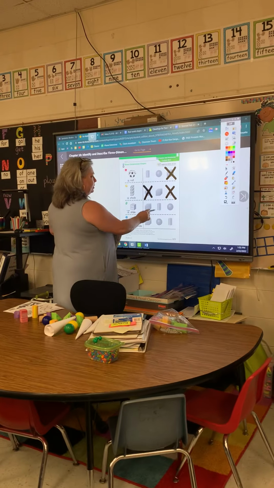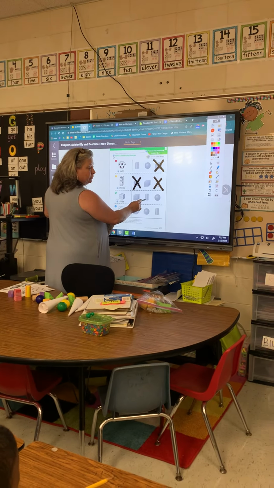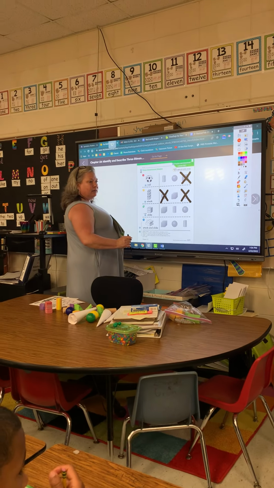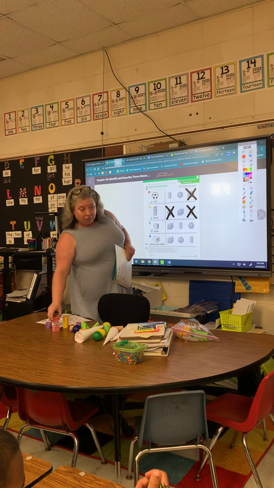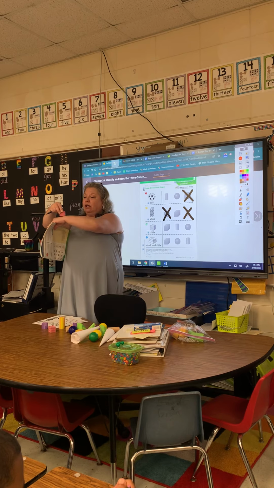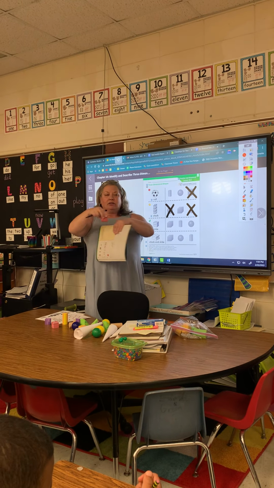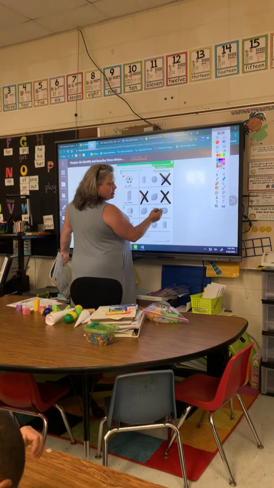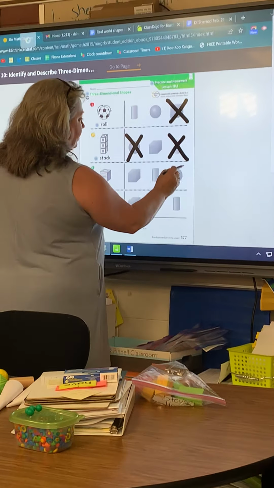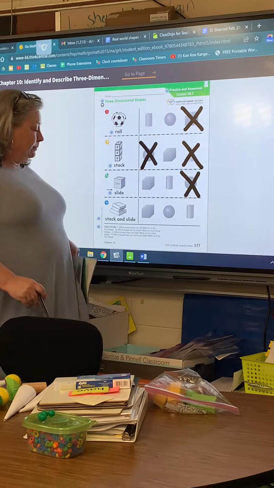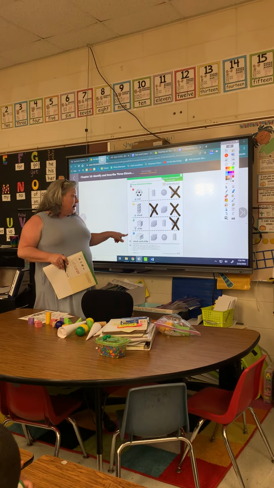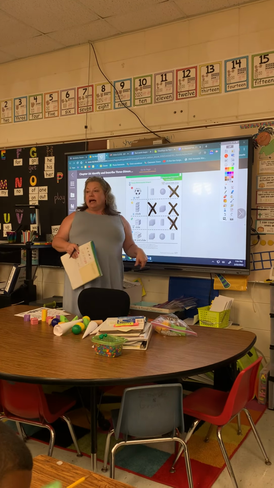The cube slides right across the arm on its flat edge. Is that a circle or a sphere? Okay. All right. Which shapes do not stack and slide?